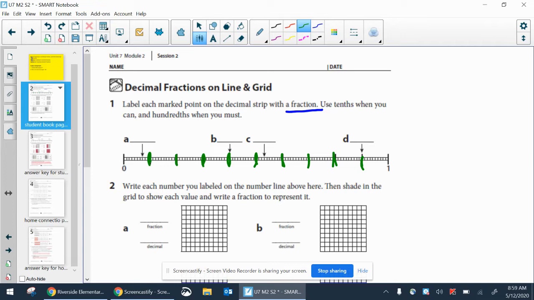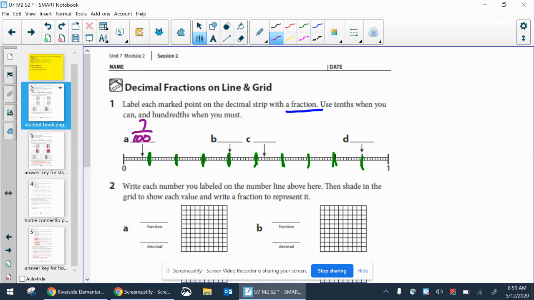So let's take a look at our first one. Our first one is pointing to this little mark here, which is going to be in hundredths. So from here, I can count 1, 2, 3, 4, 5, 6, 7 out of my total 100.